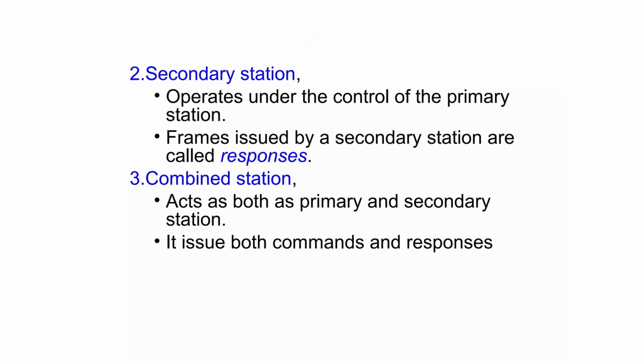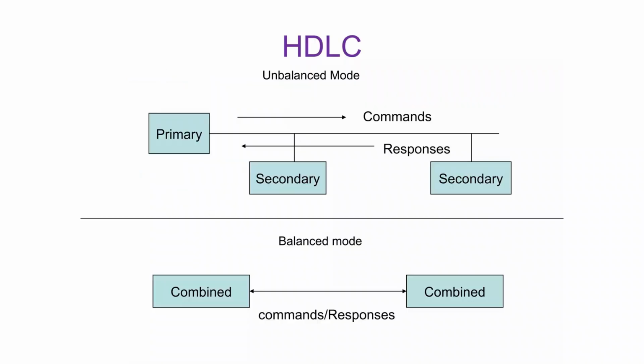And the combined station: the station can act as primary as well as secondary. So it can decide, or it can just respond. So it is called a combined station. It issues both, right? You can see the diagram here. In the diagram, the first one is the unbalanced mode. In the unbalanced mode, the primary station commands all the secondary stations that are connected together, and the secondary stations provide responses only to the primary station.